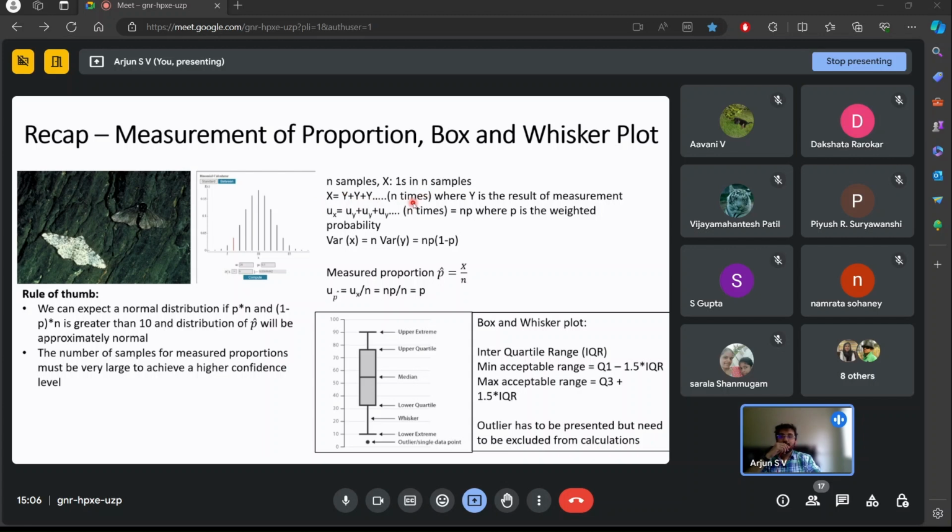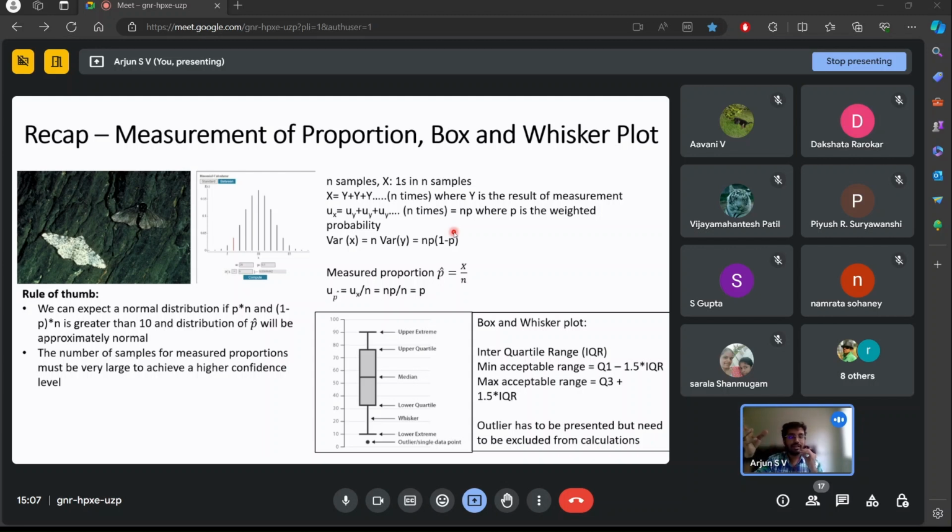So eventually the mean of this x event, the number of ones in a number of samples, will come to the cumulative sum of the individual means of all the results of measurements that come within the event. Subsequently the variance will be the number of events multiplied by the variance of each result of measurement, which comes down to n times p times 1 minus p, where p is the weighted probability of each y.